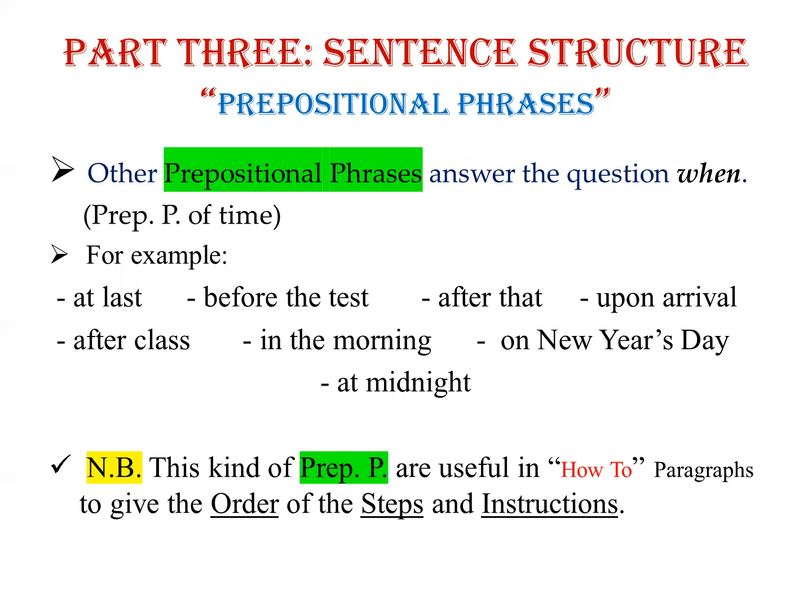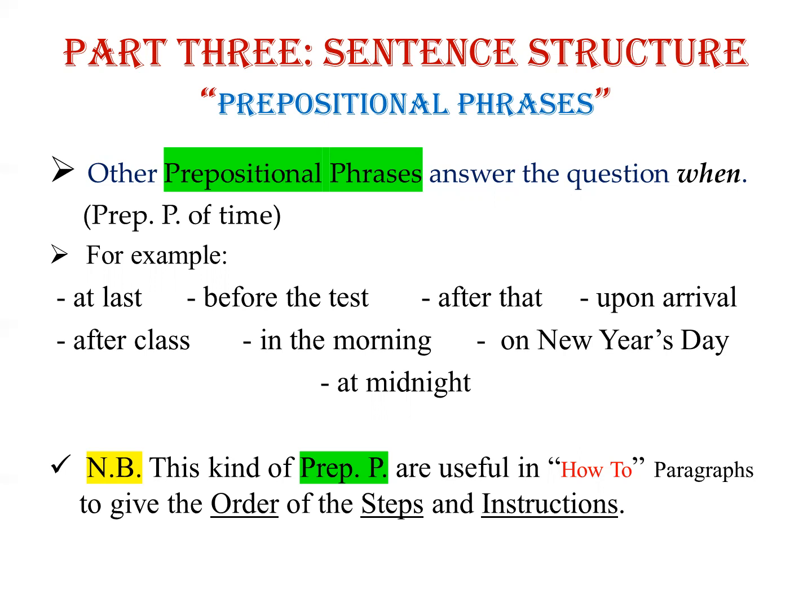This kind of prepositional phrases is useful in how-to paragraphs. Why is it useful in this kind of paragraphs? Because it gives you the order of steps and instructions. If you remember the how-to paragraphs, such as how to have a successful garage sale, we discussed that we have steps and instructions.